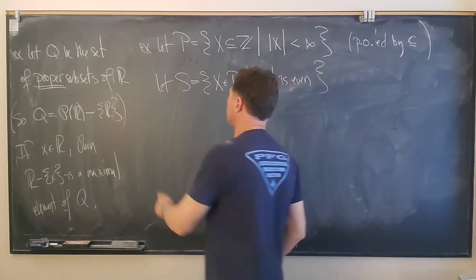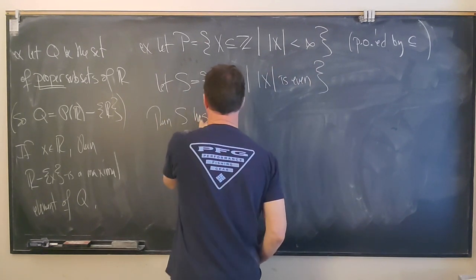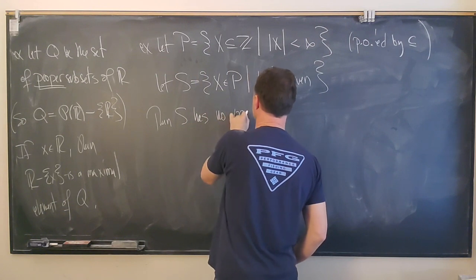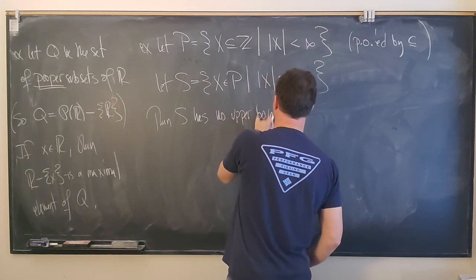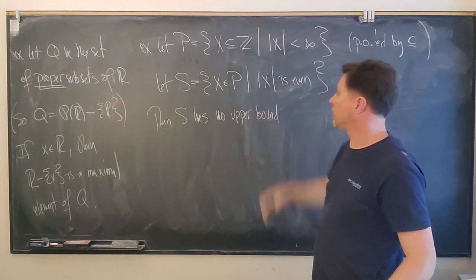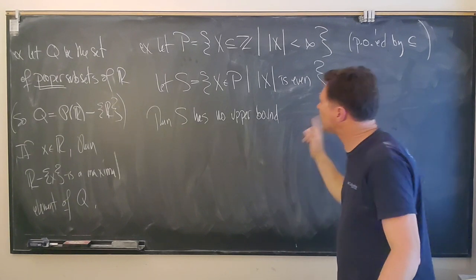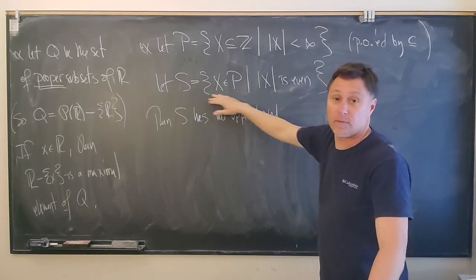Then S has no upper bound. There is no finite subset of the integers that contains every one of these.